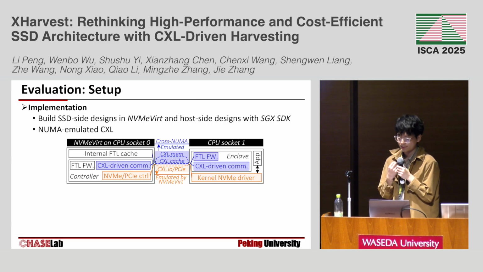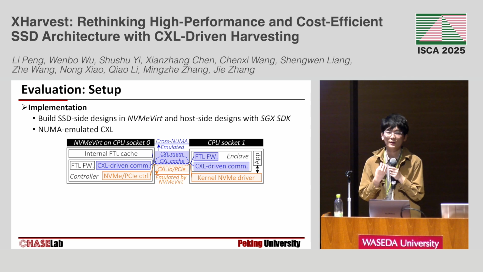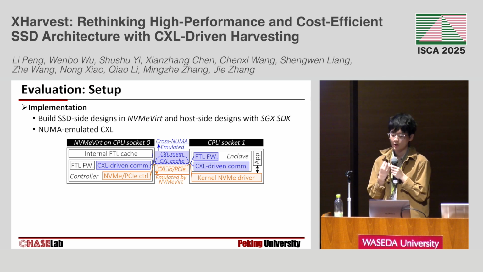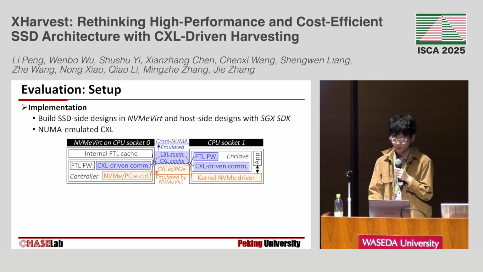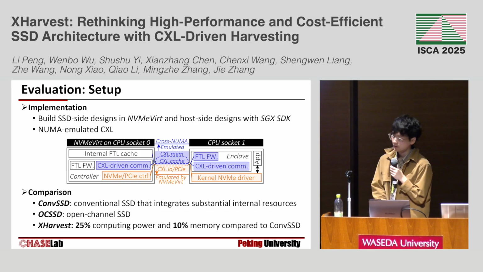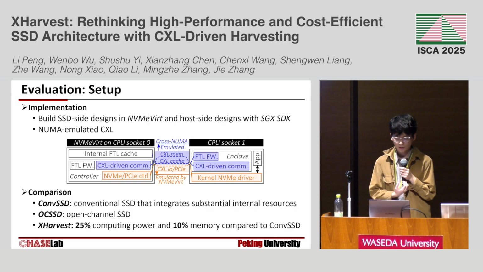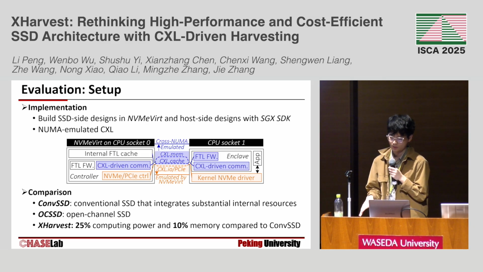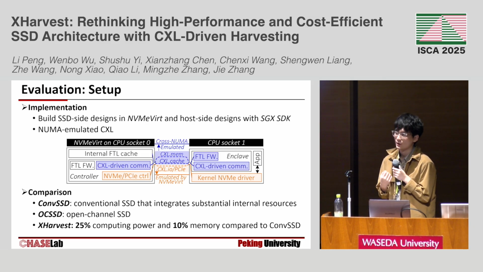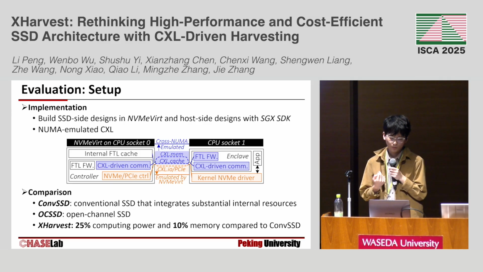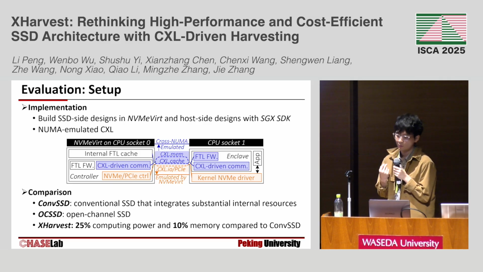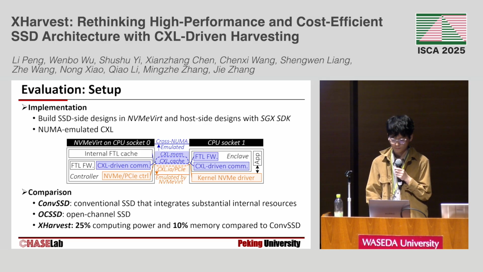We built our XHarvest design on the OpenMPDK emulator and utilize NUMA to emulate the CXL. We compare XHarvest with multiple settings: the conventional SSD that integrates substantial internal resources, and the open-channel SSD, which is the SOTA cost-efficient and high-performance SSD architecture. XHarvest retains only 25% of the internal compute power and 10% of the memory compared to the conventional SSD.